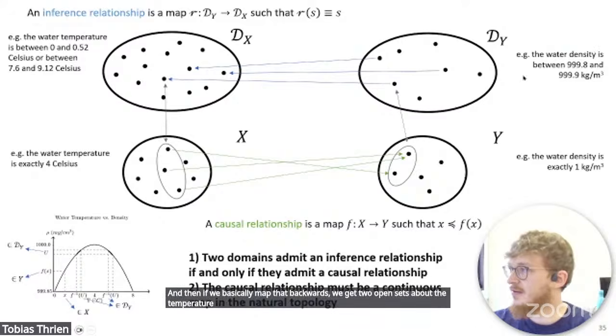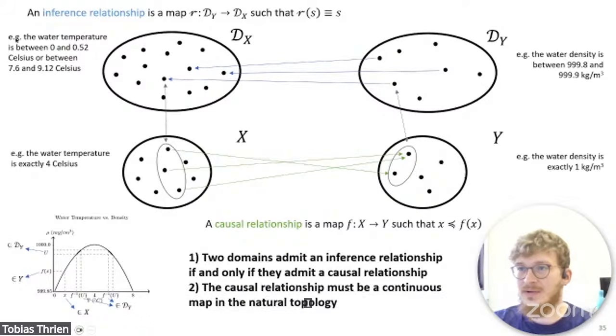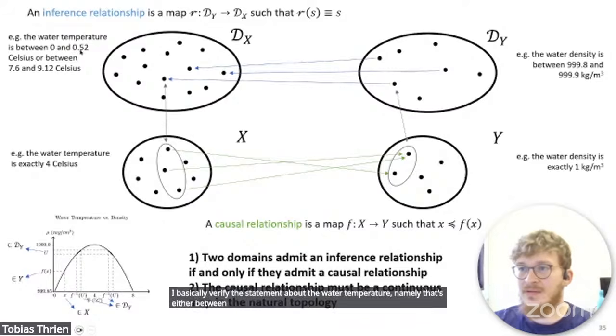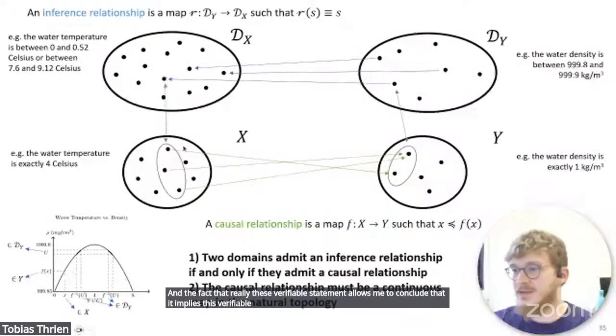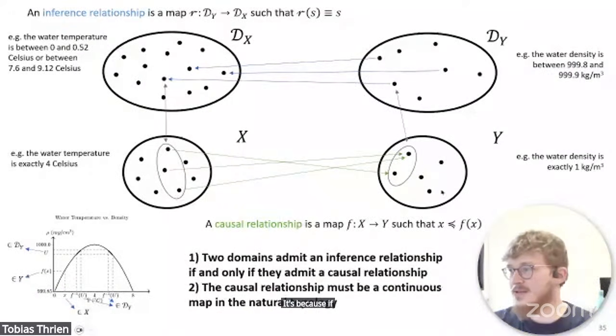So if I verify this statement about the water density, I basically verify this statement about the water temperature, namely that it's either between 0 and 0.52 Celsius or between 7.6 and 9.12 Celsius. The fact that this verifiable statement implies this verifiable statement is because this map is a continuous map.